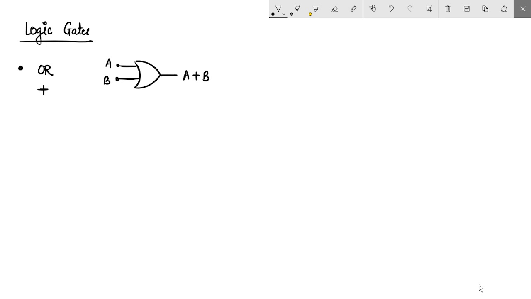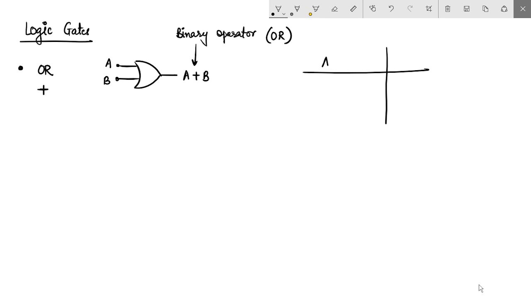This is a binary operator, an operator between two quantities, and this kind of binary operator is called an OR operator, and its symbol is a plus sign.